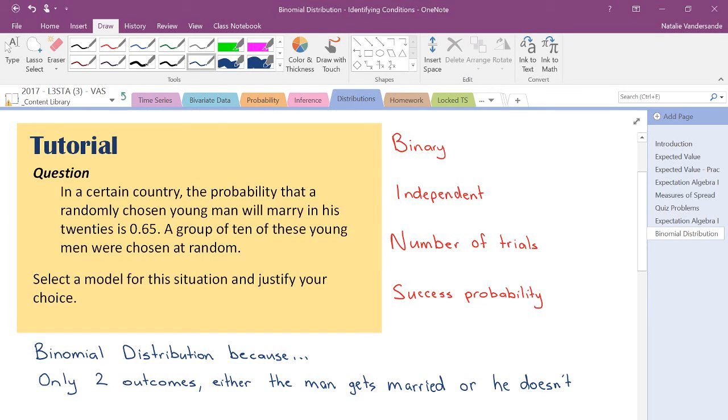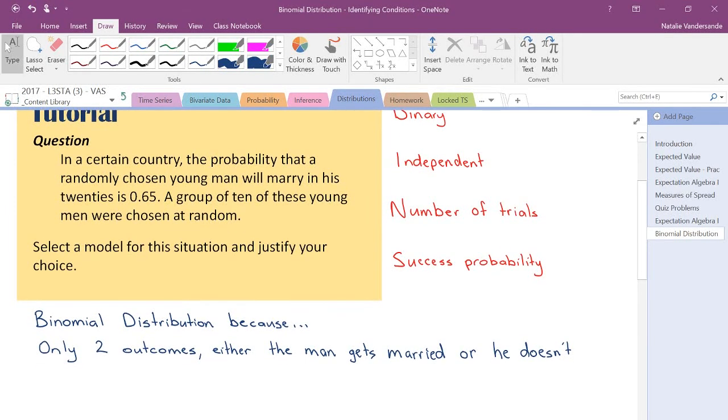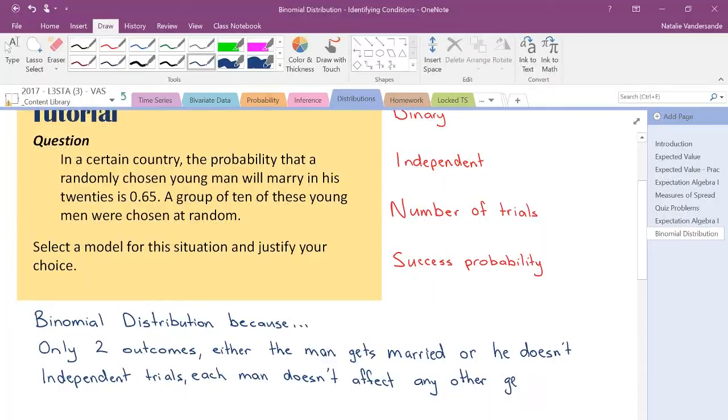We have independent trials. Each man doesn't affect any other getting married.